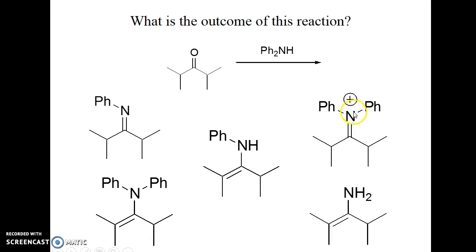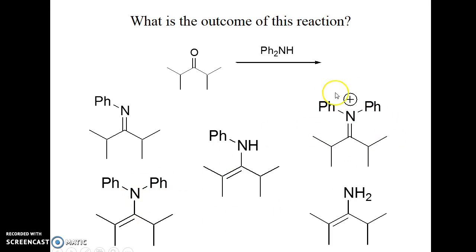And this is an intermediate. It's not completed because it still has a positive charge. And this is an enamine. But this enamine and that enamine would revert to an imine. These are not formed by secondary amines. You have to have both phenyl groups on them, so either this or this.